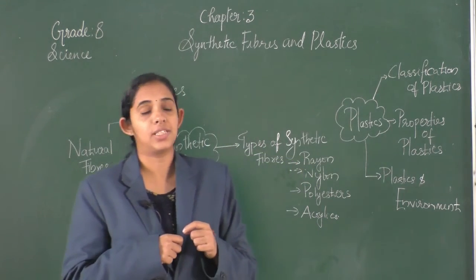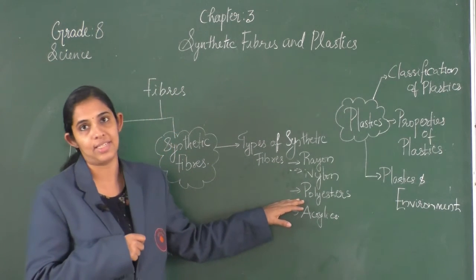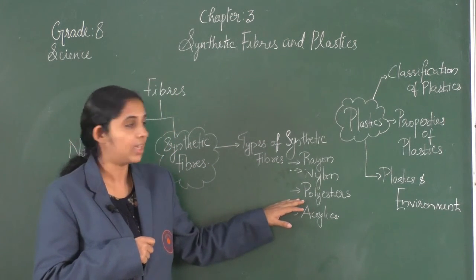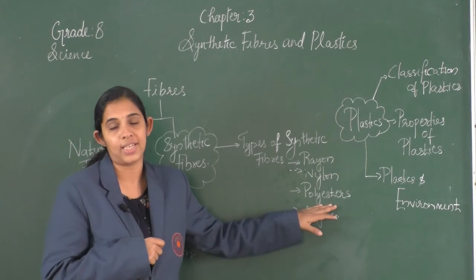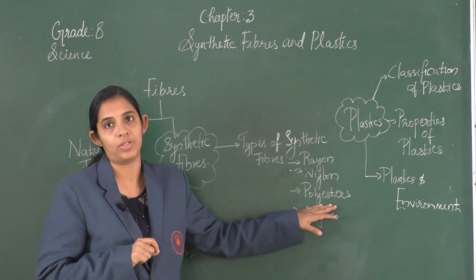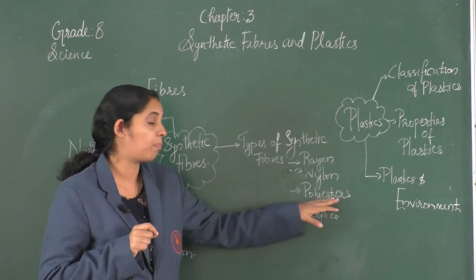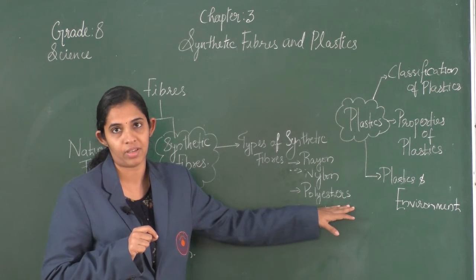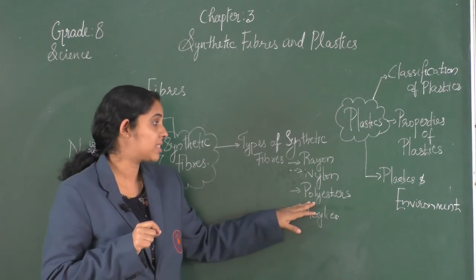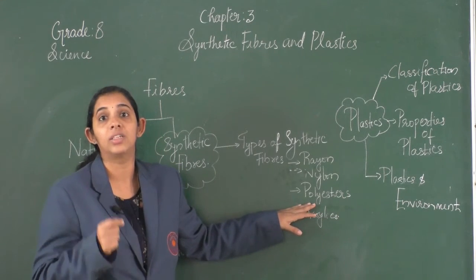The next synthetic fiber that we have seen is polyesters. Here, the monomers in polyesters are linked by ester bonds. Since it has multiple ester bonds, we call it polyester. It can be mixed very easily with other fibers.